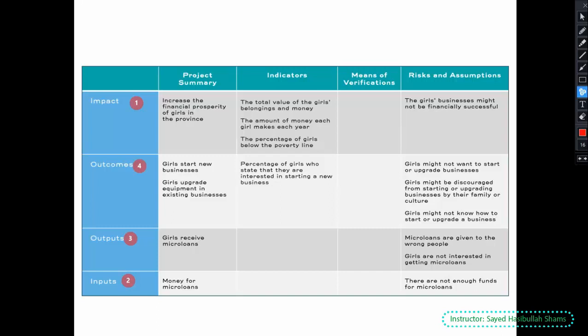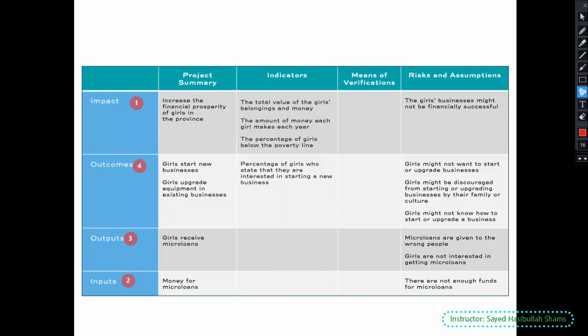One of the other things is risk and assumptions. Risk and assumptions are very important, and we must understand them. Risks are things that make the project go poorly, so we cannot implement the project according to the rules and regulations and on time, and it will face different challenges.